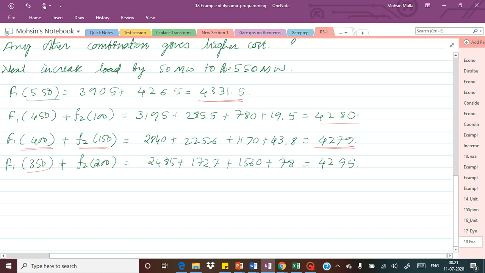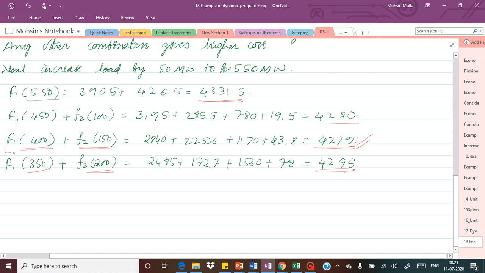And next, when we increased the load further on the second unit and decreased the load on the first unit, we got 4295. So if you compare all these four values, whichever is smaller, which one is smaller do you think? Obviously this value is smaller.